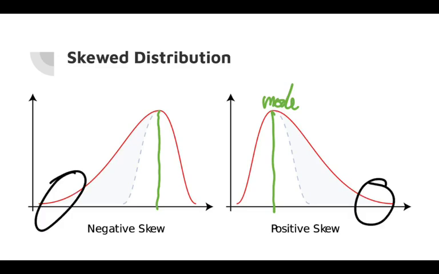What are the tails doing to the median and the mean? This is why we call them skewed distributions: the median and the mean are going to be pulled in the direction of the tail.